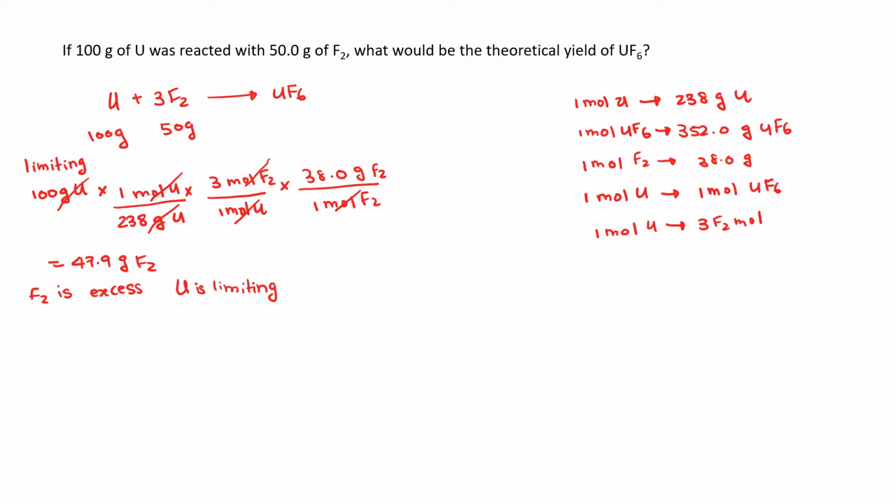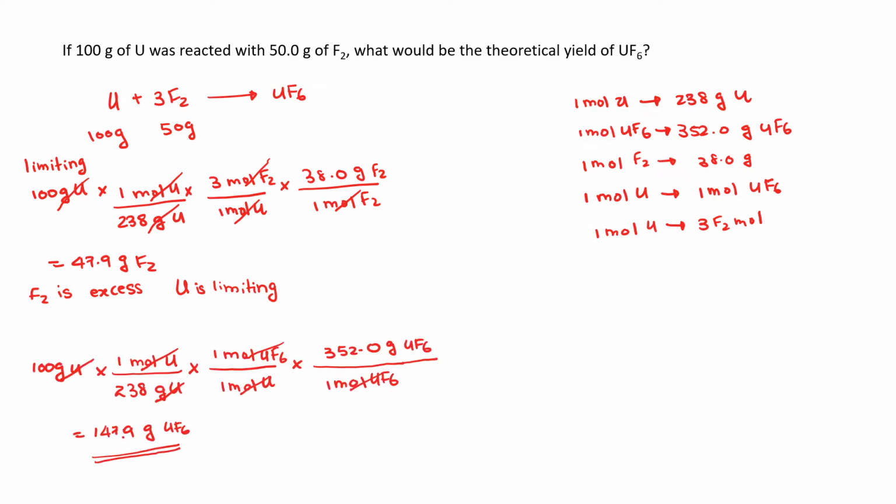To calculate theoretical yield, we are going to use the number of moles of uranium. So we start with 100 grams and we convert it to the number of moles using the molar mass. And you see 1 mole of uranium produces 1 mole of uranium hexafluoride.